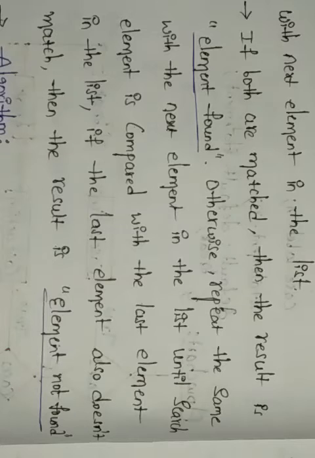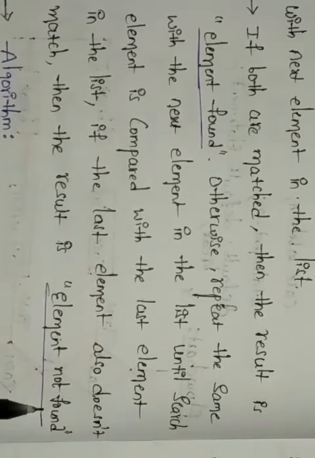If both are not matched, it moves to the next number in the list, and until the condition is satisfied it continues through the next positions. Once it is found, it shows the output element found in that position. If it is not found, it directly shows element not found.